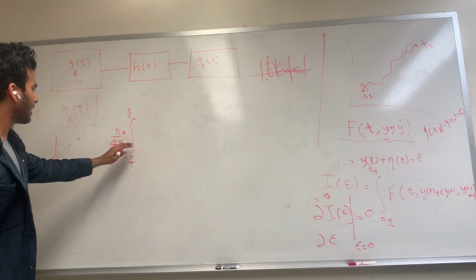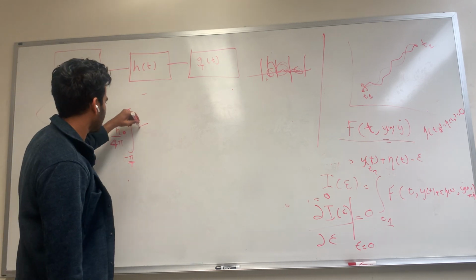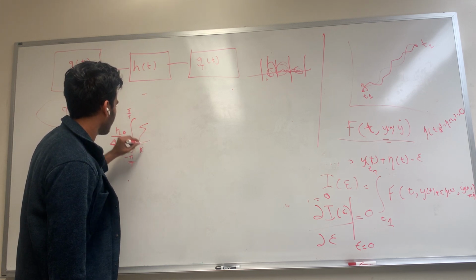I'm going to take eta over 4 pi outside and also the summation over k outside.